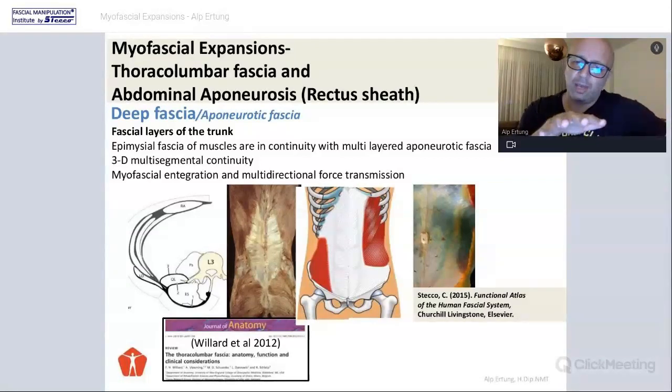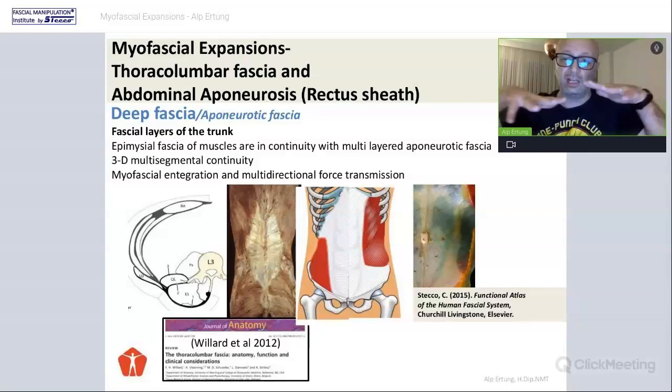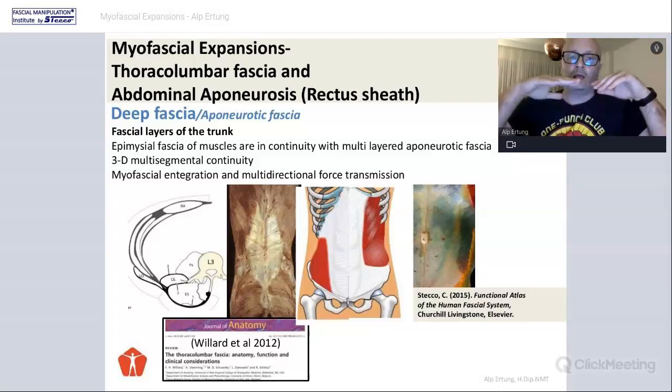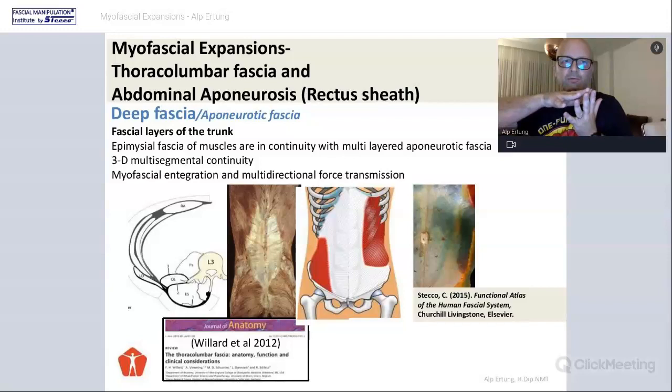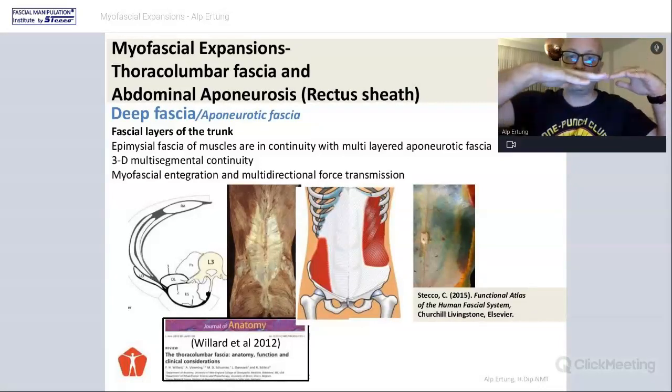So this is the example for aponeurotic fascia of the trunk. We saw the epimysial fascia of the trunk for the large and flat muscles. Their epimysiums are adhered to the deep fascia of the trunk, but these large and flat muscles, with the help of their epimysial fascia, are connecting with each other, and they are connecting with special fascial tissues.